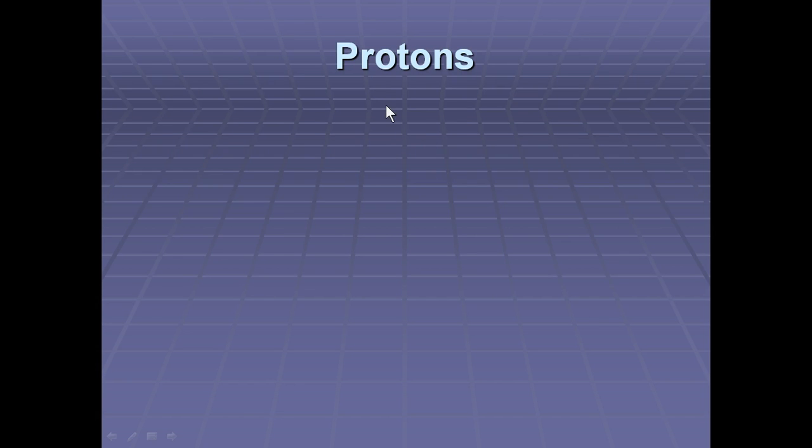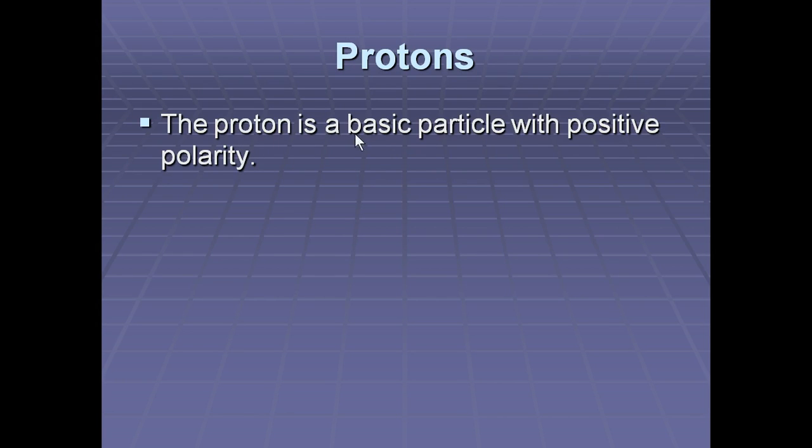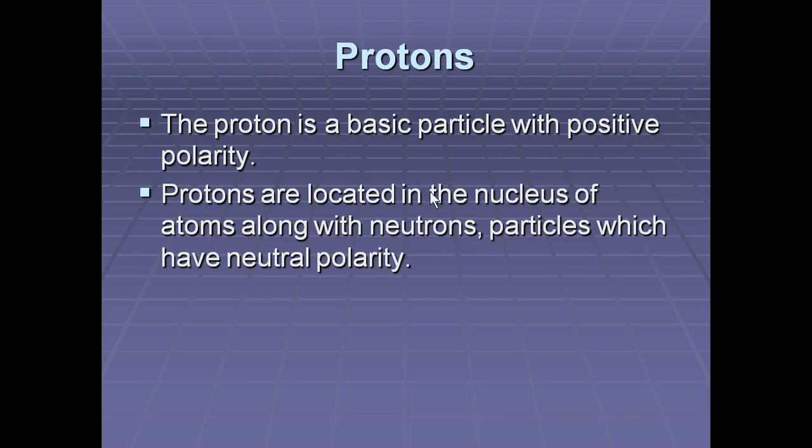Then comes the protons, and the proton is a basic particle with positive polarity, that is, proton is positively charged, and the protons are located in the nucleus of the atom along with the neutrons. Neutrons are, as the name suggests, neutral, and these are particles which have neutral polarity.